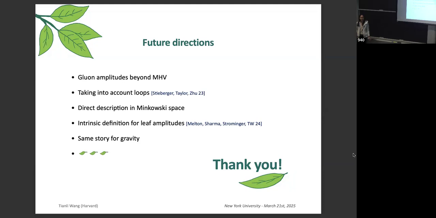I wouldn't say I expect the factorization to persist because, like Monica was saying, the tree-level MHV amplitudes factorize in a nice way that allows for this factorization, and when you go to higher loops, the intuition with having local contact interaction is also no longer there. So I think it's likely that there will be a mixing between the two sectors.